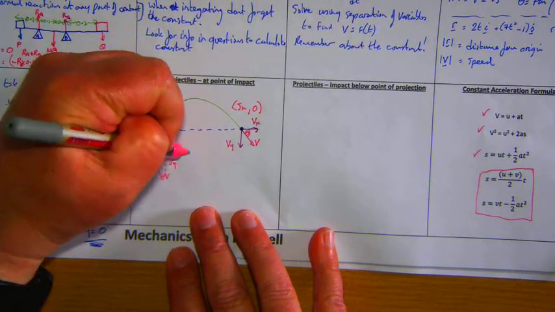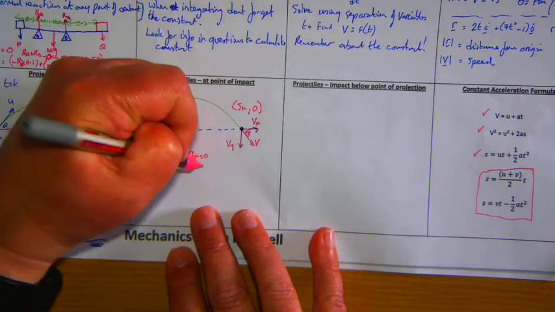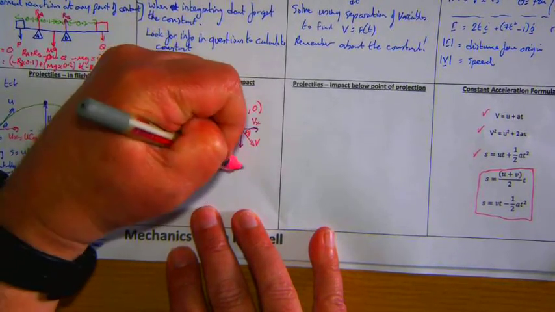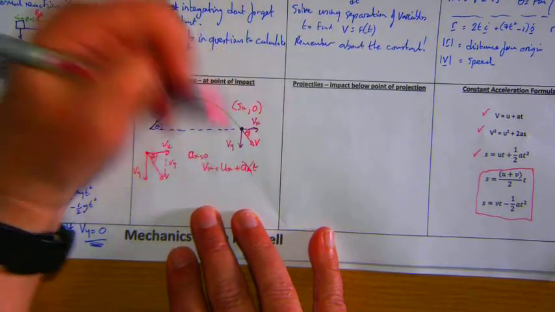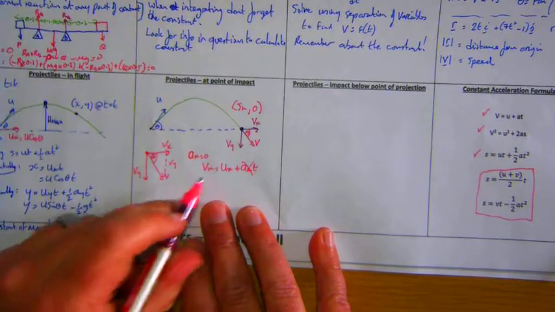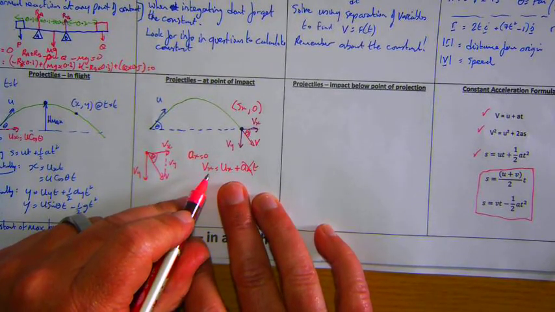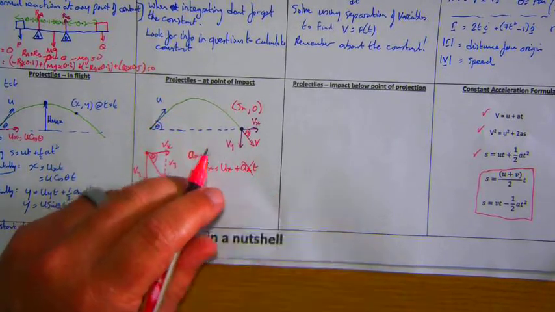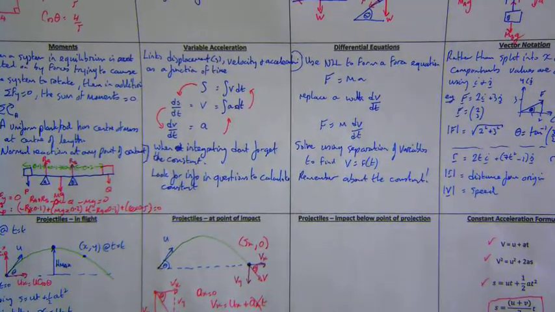Vx, because ax equals 0, Vx equals ux plus axt, v equals u plus at, that's 0. So the horizontal component of the particle's speed is fixed throughout the whole journey. It doesn't change. It's equal to its initial velocity on takeoff.